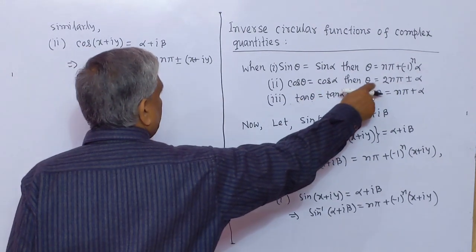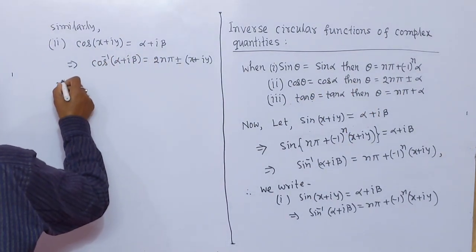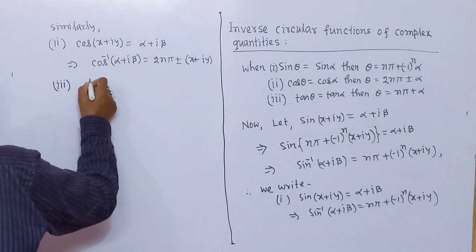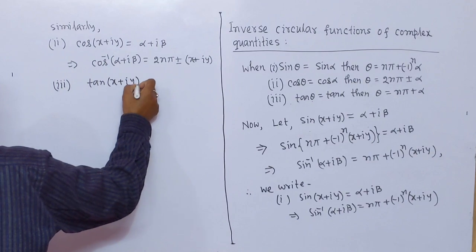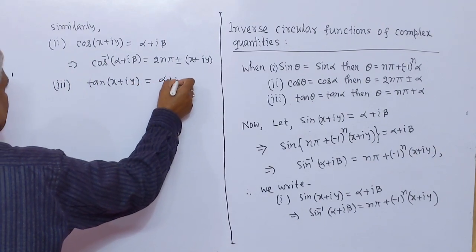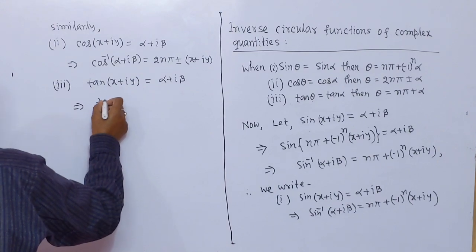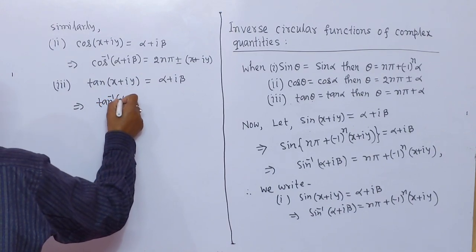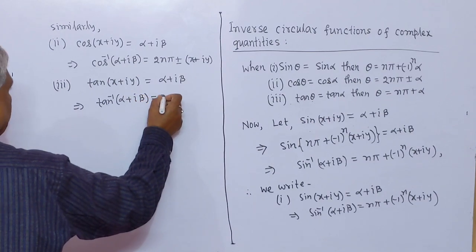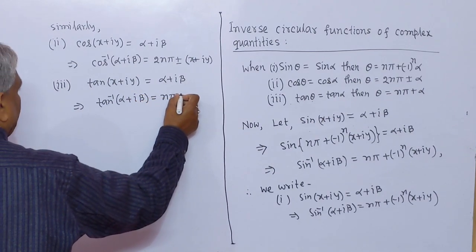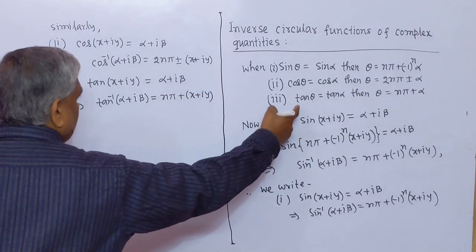Here we use this concept. Number 3: tan of x plus iy equals alpha plus i beta implies that tan inverse of alpha plus i beta equals n pi plus x plus iy. This concept.